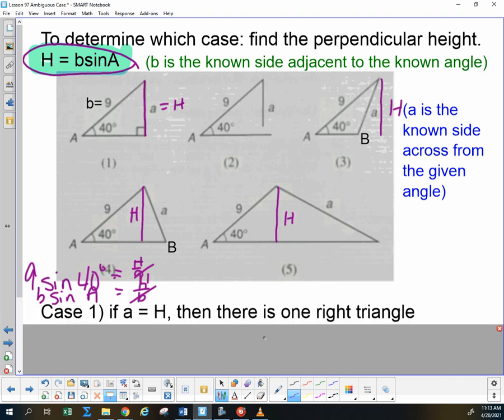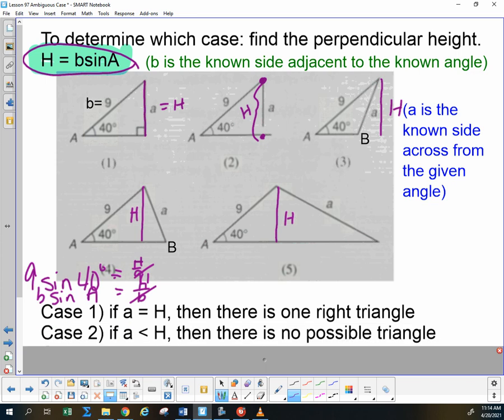We want to find the height of the triangle. If, picture 1, the height is the same as that opposite side, remember A is a number, they tell us a number in there. If the height is the same as the number for that opposite side, it's got to be a right triangle. If the height, the shortest distance from here, possibly to get down to the line, is H, and A is shorter than that, no triangle.